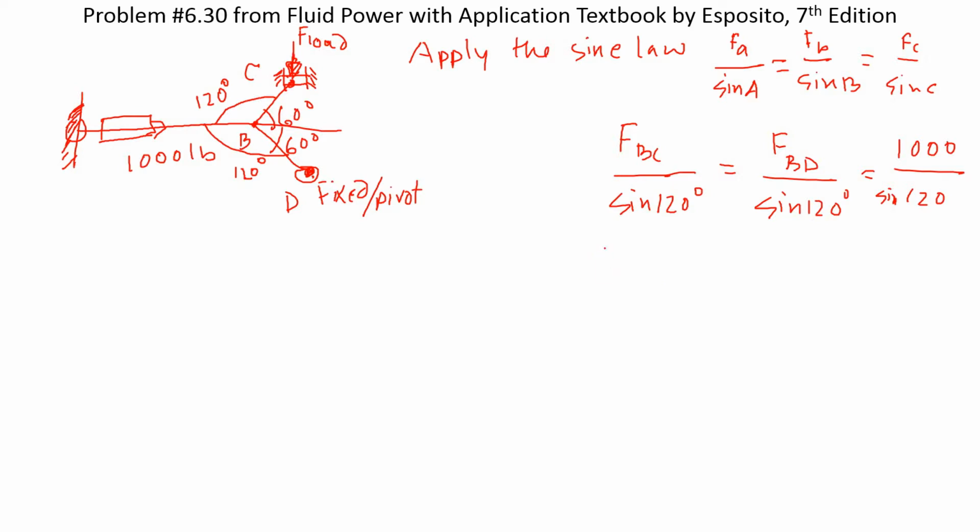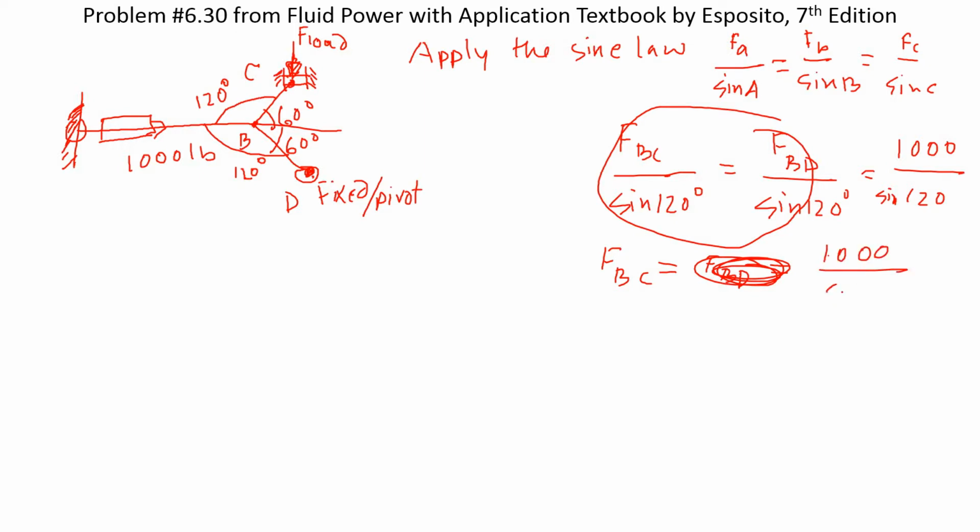If we equate these, we can see that FBC is equal to FBD. If we solve for FBC, then we write 1000 divided by sine 120, times sine 120, so FBC would be 1000 pounds.